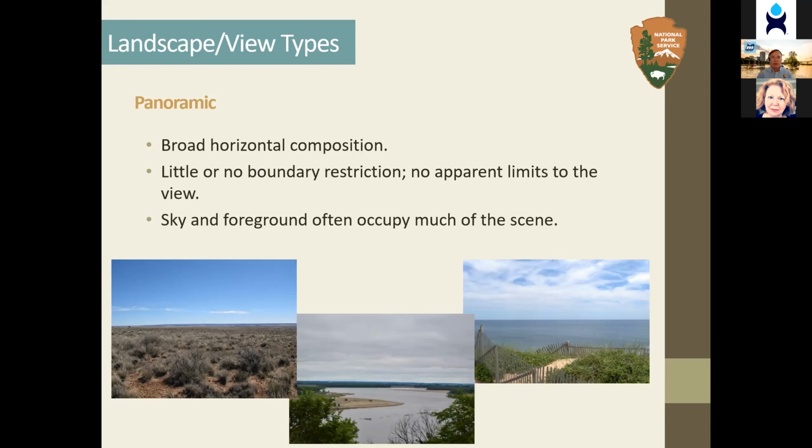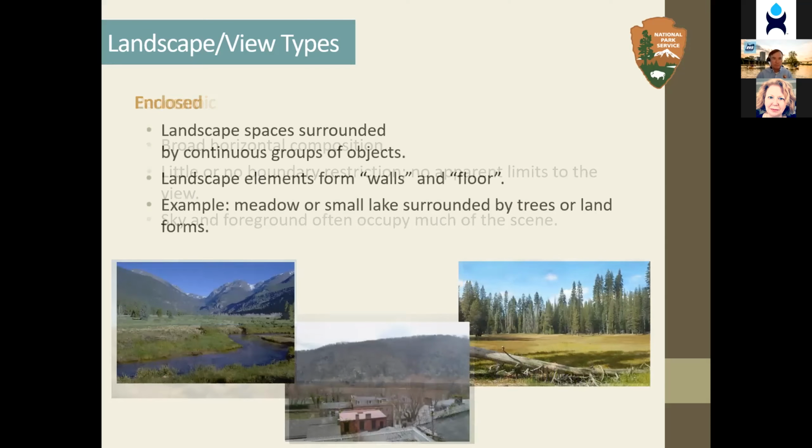The first one is a panoramic landscape, and these are probably very familiar: big, broad, horizontal compositions. There's very little in the background, or maybe a very distant mountain range, but the sky and the foreground really dominate. It's about a 50-50 split, so you have a big, long, broad horizontal composition in the landscape.